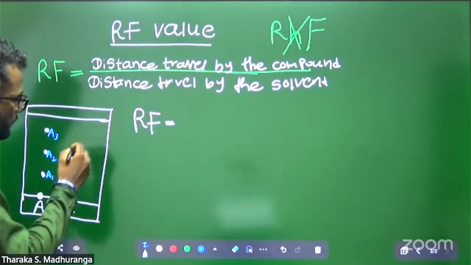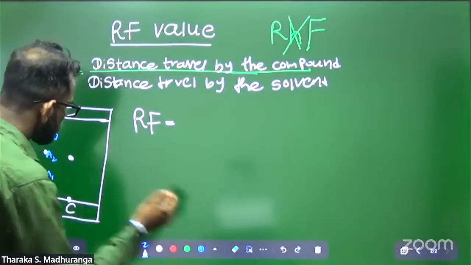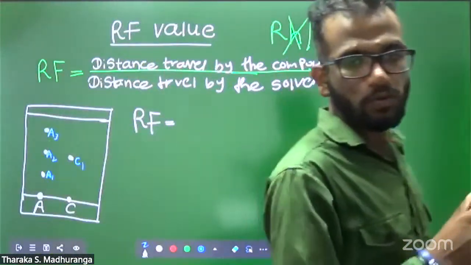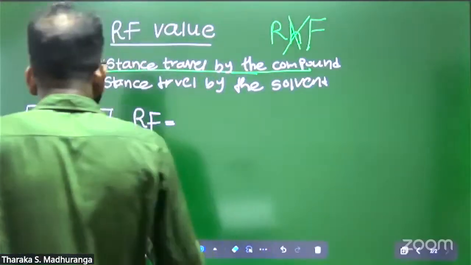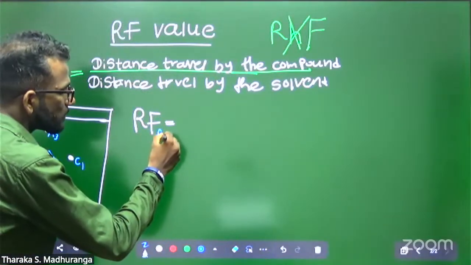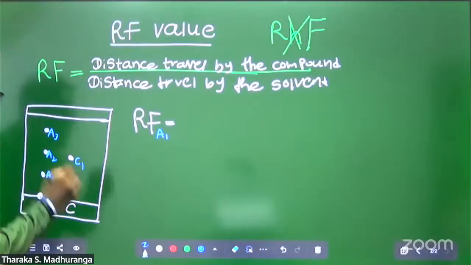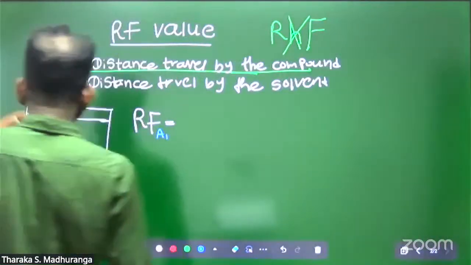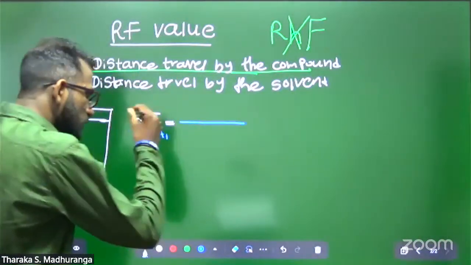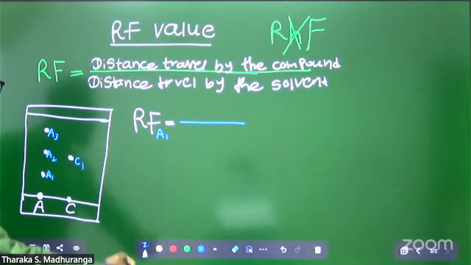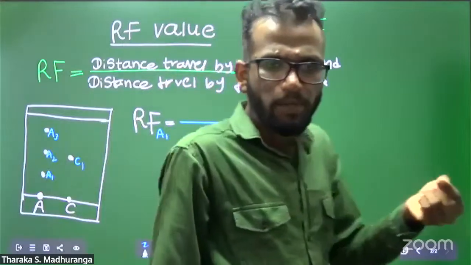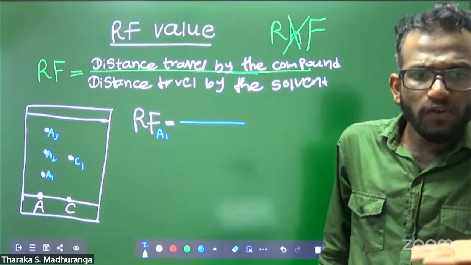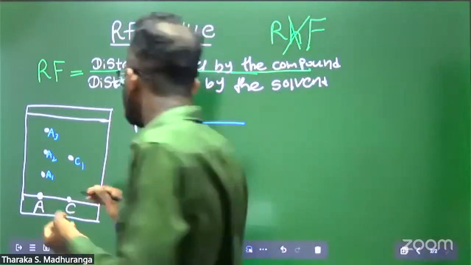I will mark the control as C. Now I am going to calculate the RF value of the A1 compound. Think the total height of the Whatman number 1 chromatography paper is 8 centimeters. The solvent travel distance is 1.5 centimeters.